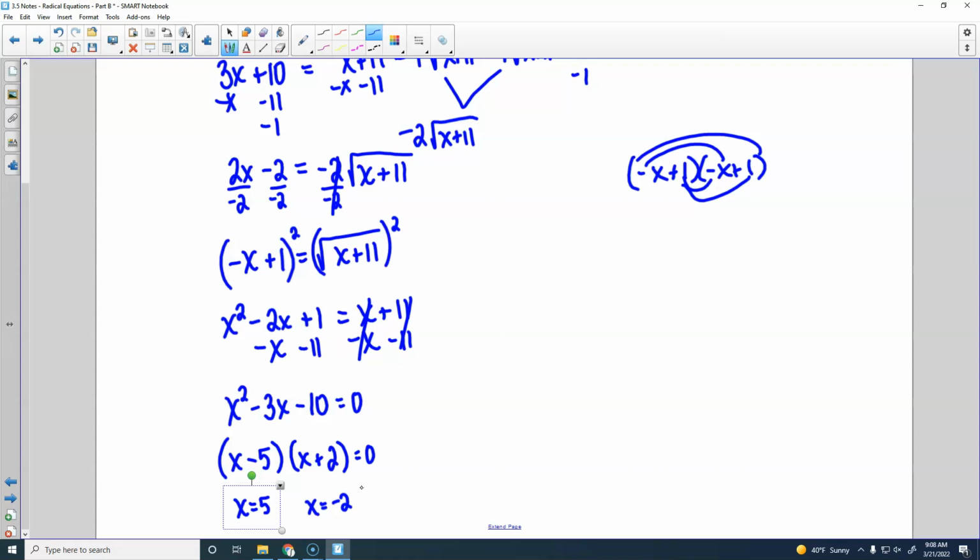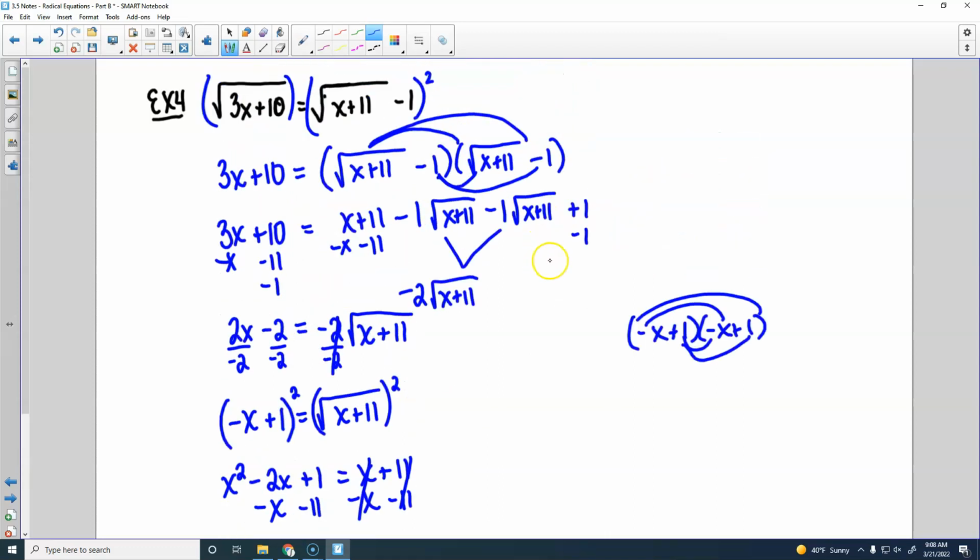Especially when you get two answers, it's really important to check those because a lot of times one of them does not work. So we want to check these. So we'll start by checking 5. We got 3 times 5 plus 10 equals the square root of 5 plus 11 minus 1.